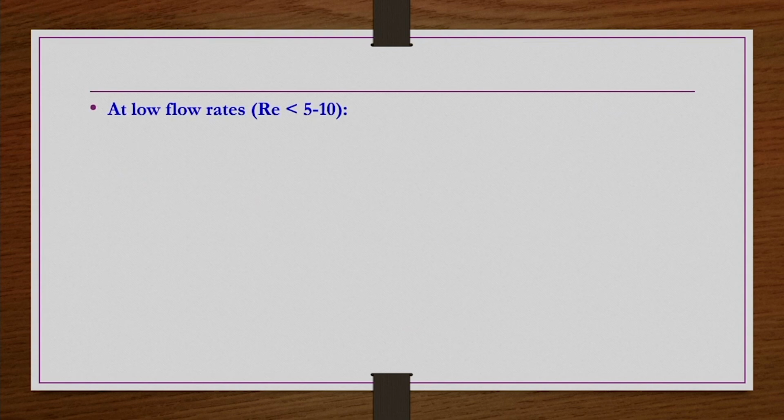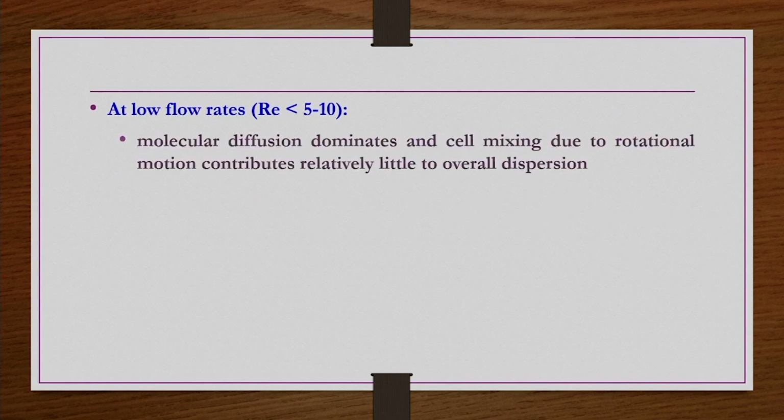In general, at low flow rates or small Reynolds number, molecular diffusion dominates, that we know, and cell mixing due to the rotational motion contributes relatively very little to overall dispersion. This dispersion we have seen is because of the molecular diffusion as well as because of the flow.